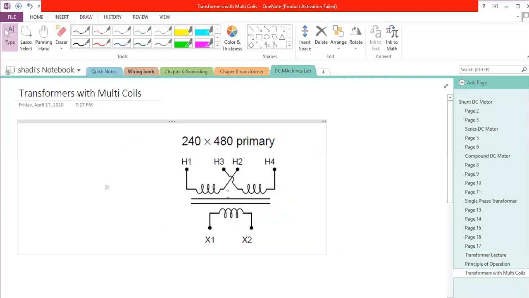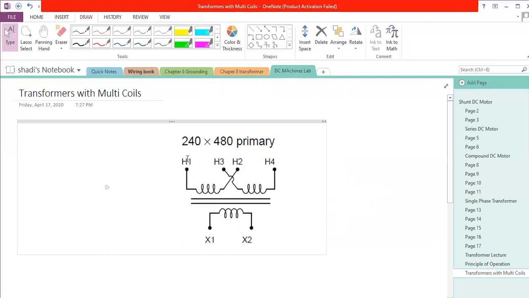If we go to this type of transformer, where we have more than one coil, this transformer suggests that the primary can work for 240 or 480 volt. How is that? Each coil can handle 240.